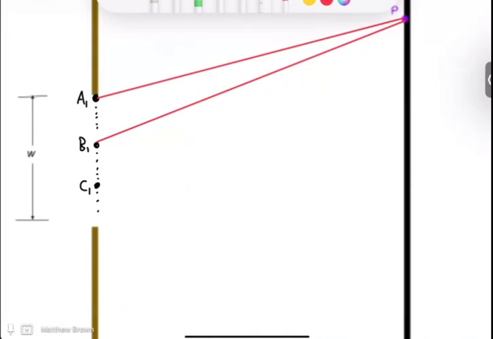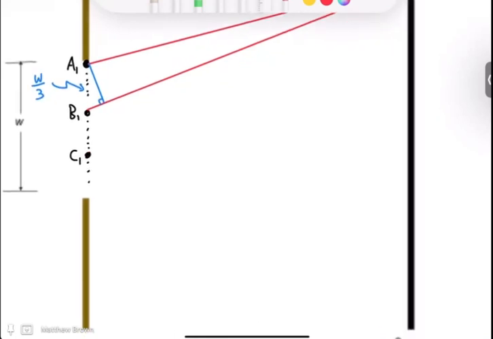We can make this into our right triangle just like we did before. And we can say this side right here, this is W over 3. And so this part right here, this little bit, this delta L, we can say sine, and that'll be our angle here, theta. Sine of theta equals delta L over W over 3.